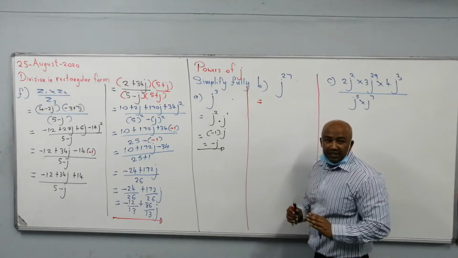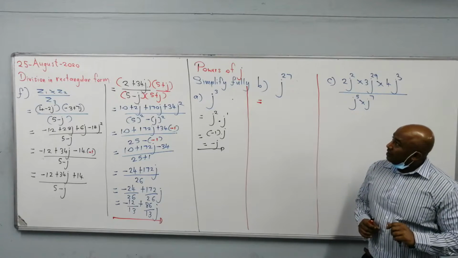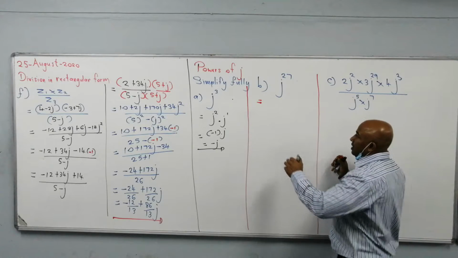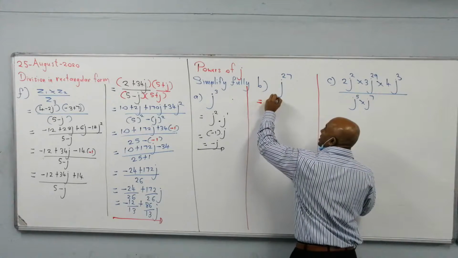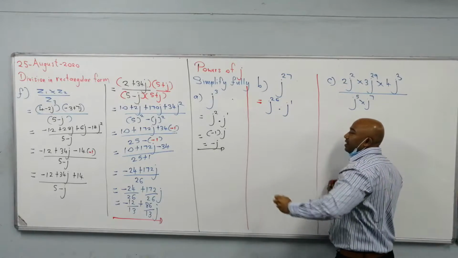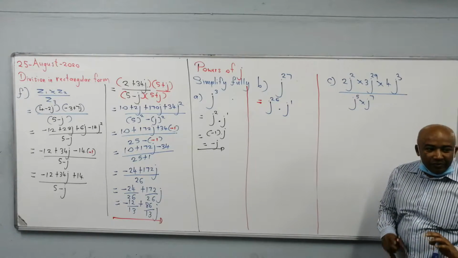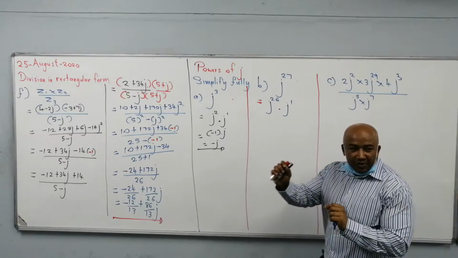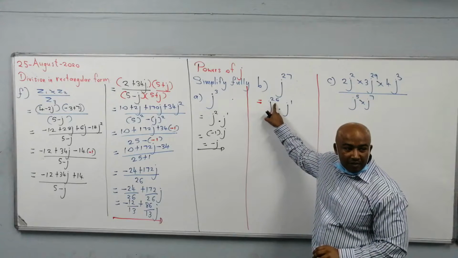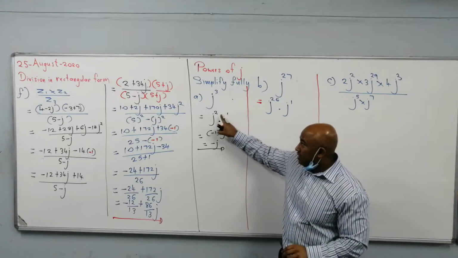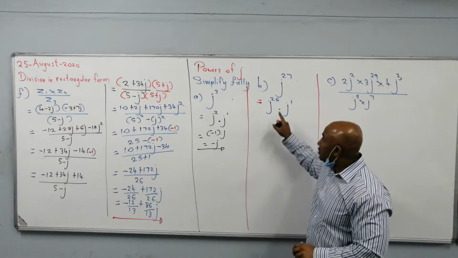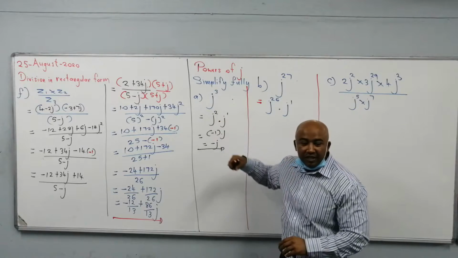Alright, so in this case, now j to the power 27, if I split it up, becomes j to the power 26 times j to the power 1. Okay, now why am I splitting it up into 26 and 1? Because 26 is an even number and the number 2 is also an even number. That means 26 can be divided by 2 evenly.